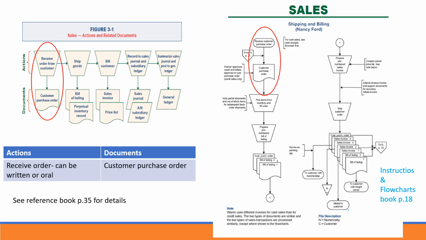Okay, so now let's take a close look at the sales cycle because you're going to use this a lot in your homework. So the first step is what I highlighted here. It's receiving goods orders from the customer, on the left.